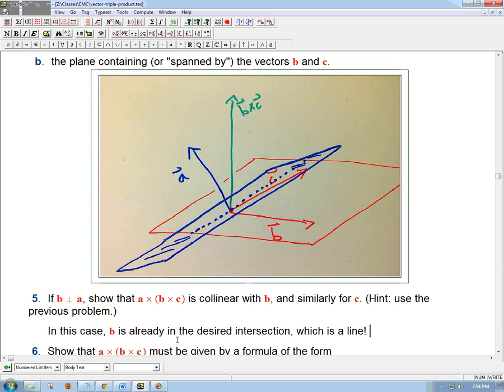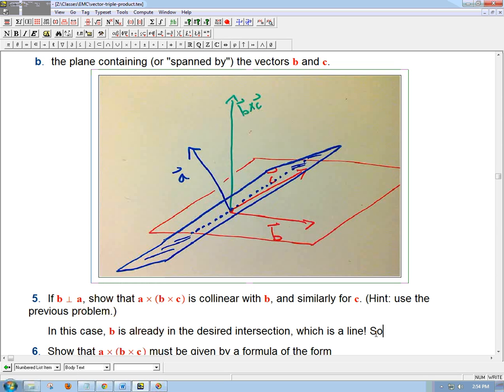The intersection of two planes that both go through the origin can either be a line or it could be a plane if the two planes are identical. But what's the only time the planes are going to be identical? That's when A is parallel to B cross C, and we know that's when the cross product is actually 0. Okay, so let's not worry about it. That's the trivial case where it's 0. Otherwise, the intersection really is a line, and if B is perpendicular to A, B is already marking out the direction where these things have to be.